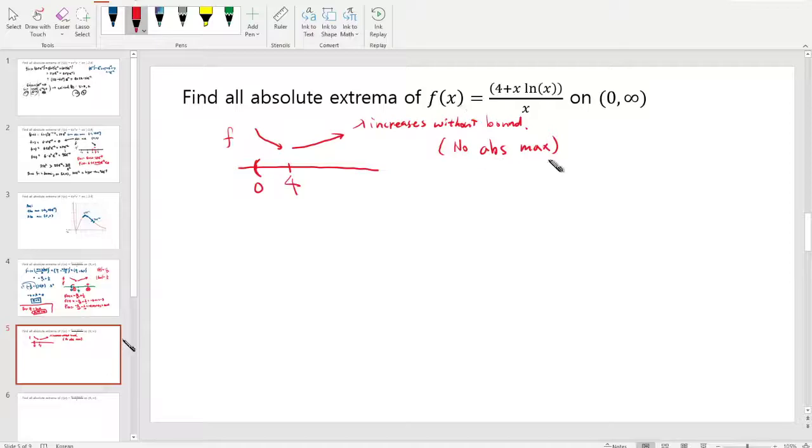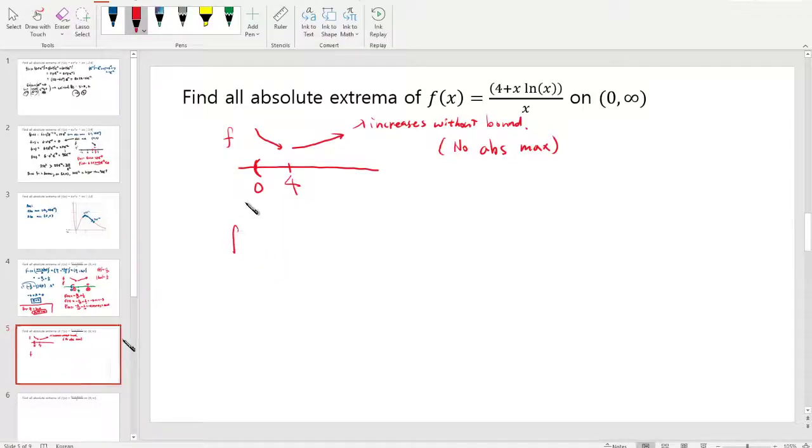If that happens, there's no absolute maximum. Absolute maximum is the highest point of the graph, but what is the highest point of the graph if the function just increases up, up, up? There's nothing you can call highest. Whatever number you say is the highest, there's still something more beyond it, okay? But f of 4 would be the minimum because that's what we just figured out, right?